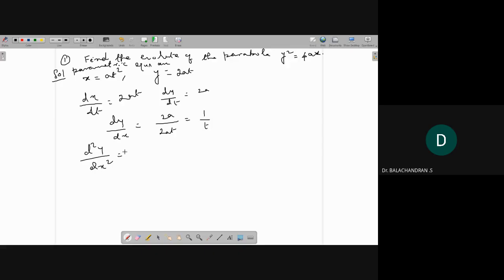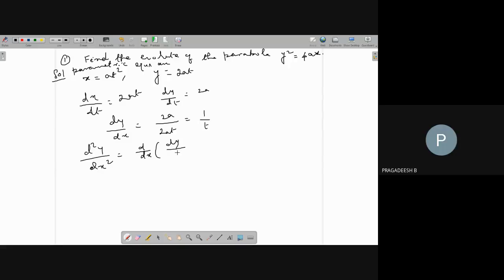For the second derivative, somebody will come and tell how to write, step by step. Don't tell just the last step. You know the procedure up to x bar and y bar. So first step, d square y by dx square is equal to d by dx of dy by dx.